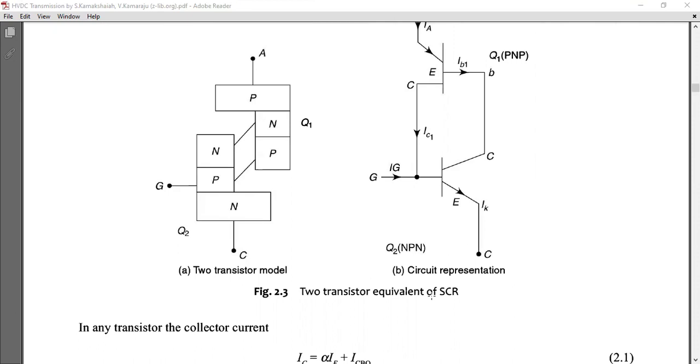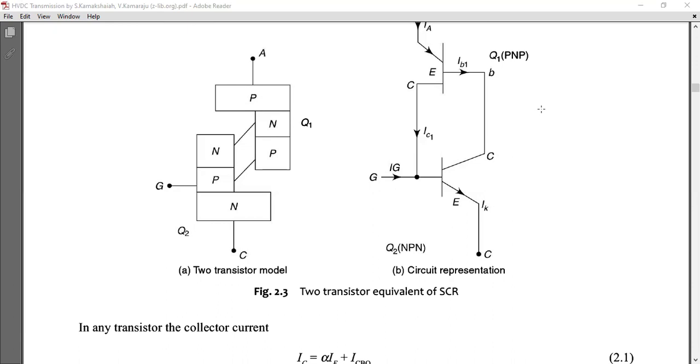Okay, so if an SCR is considered as an NPN and a PNP transistor, where the collector of one transistor is connected to the base of the other, or we can take vice versa, then it becomes two transistors, which is equal to the SCR. So if we take two transistors and connect them like this, we can form an SCR.